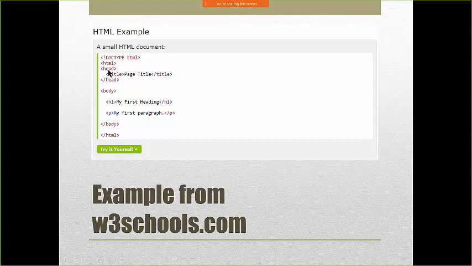Then here you have the head block, which has the title that shows up on the tab of your web page, and the body of the web page, what you actually see in the main part of the page, is in the body tag. Between those, you might see my first heading, my first paragraph. You'll have all kinds of other tags which present things as headings or paragraphs, and there are a lot of different tags that format things.